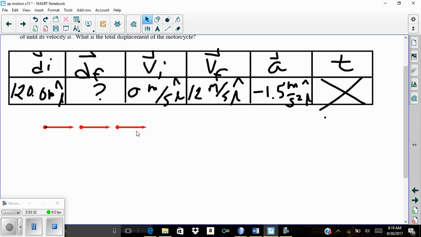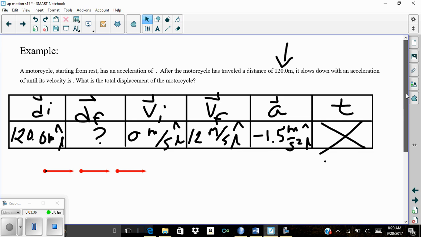At first we've traveled some distance. It starts from rest and has acceleration. After it has traveled 120 meters, it slows down with a new acceleration. Actually, these speed up, so we're going to make them longer by the same amount.